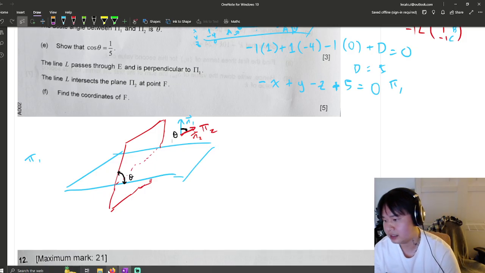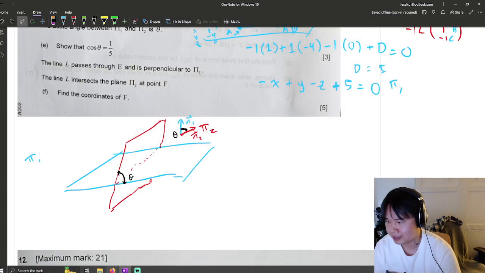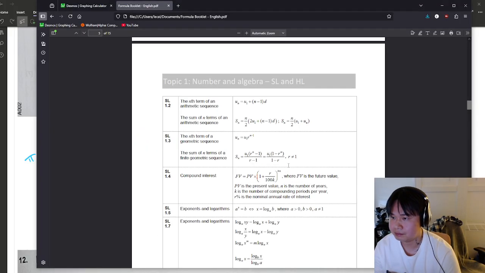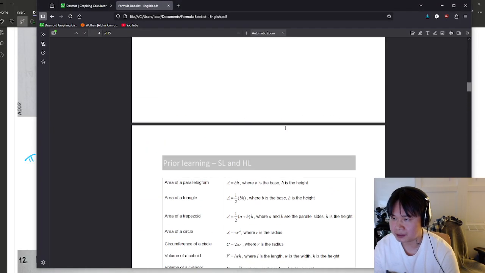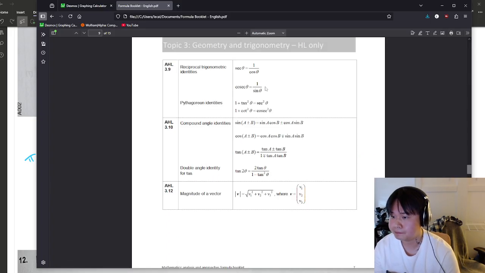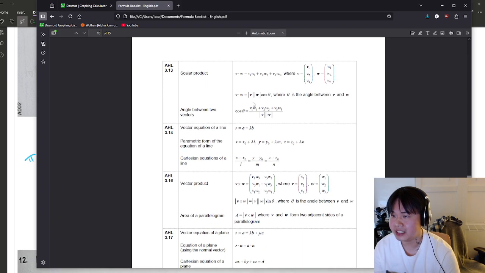Cosine theta. Again, the only two things we can really do with two vectors, besides adding and subtracting, is take the scalar product or take the vector product. One of them has cosine in it. This one, so you see?